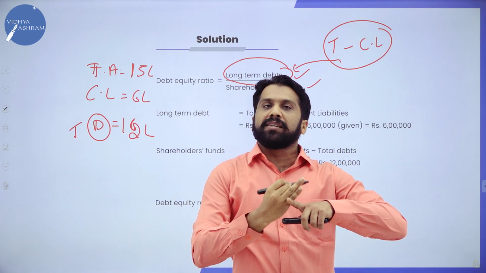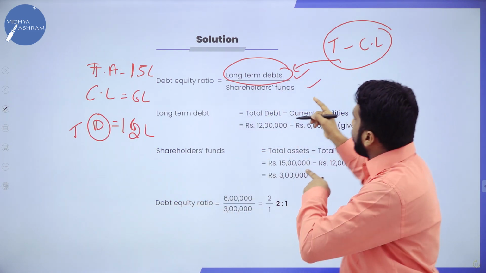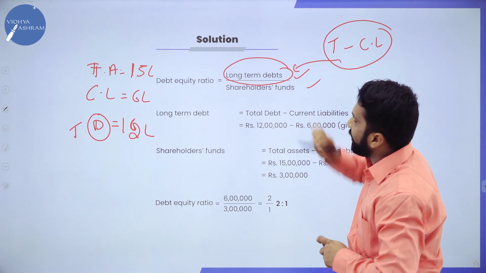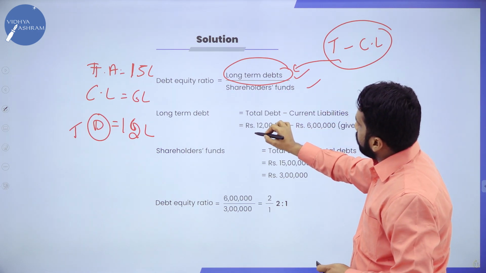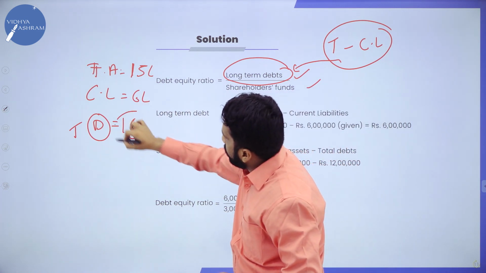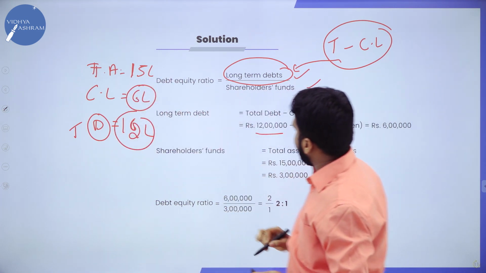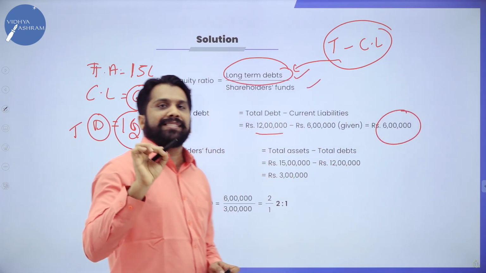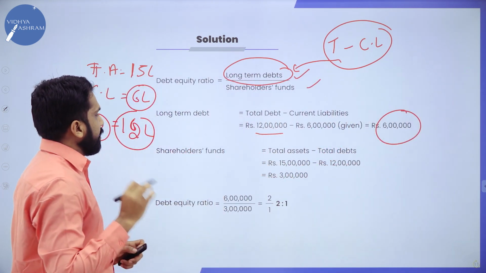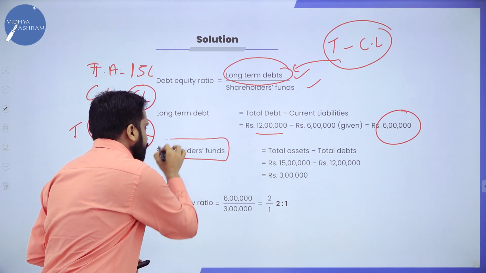Now, your long term debts are 12 minus 6. So what is your answer? Your answer is 6 lakh. Now, shareholders fund.